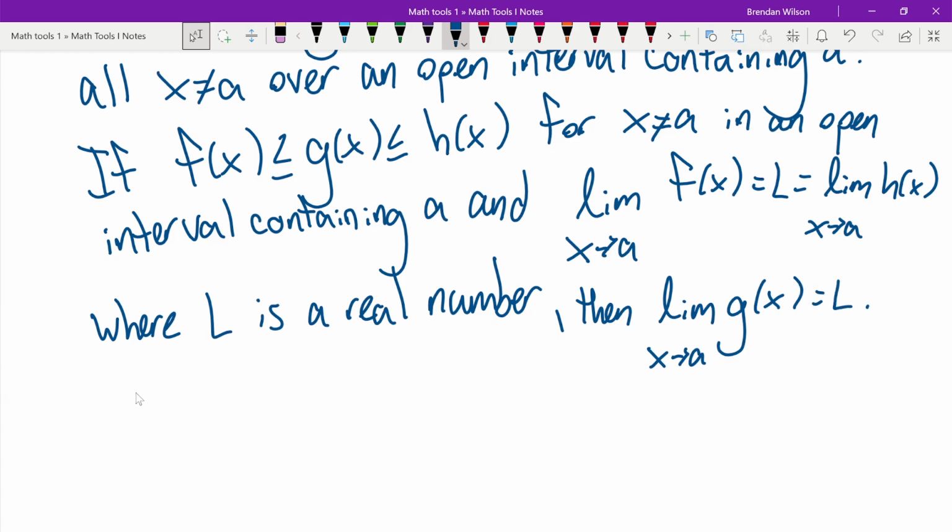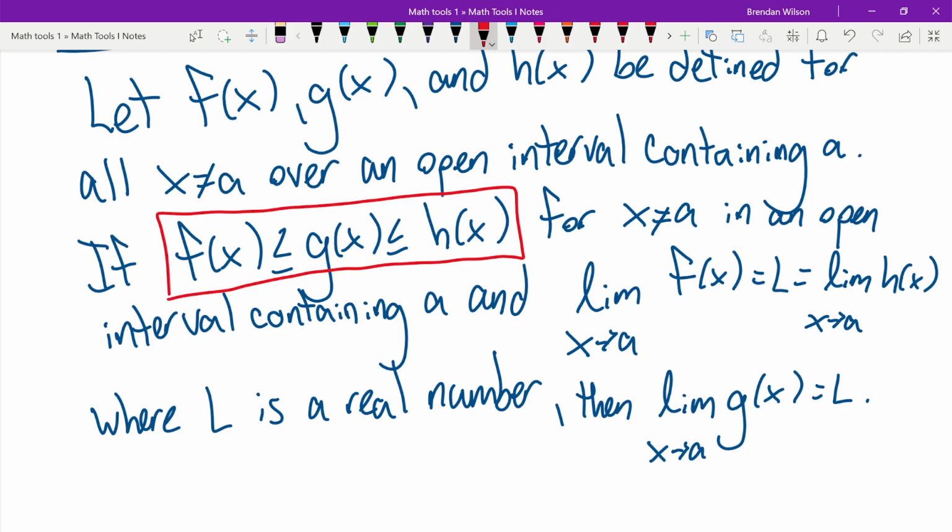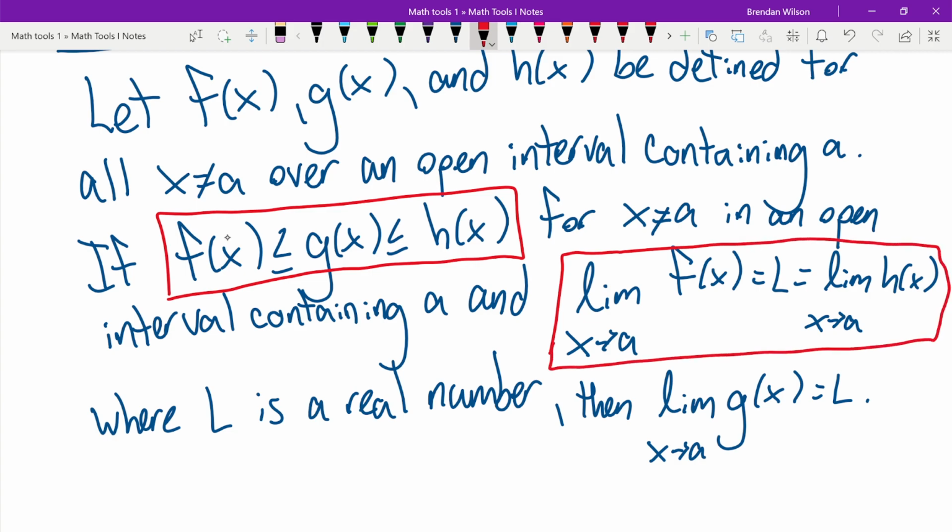So there are two main conditions here. You have g between f and h, and the limit of f and of h, for both of them, is L. Then the one in the middle, the limit is also L. This is why it's called the squeeze theorem. g is squeezed between f of x and h of x.